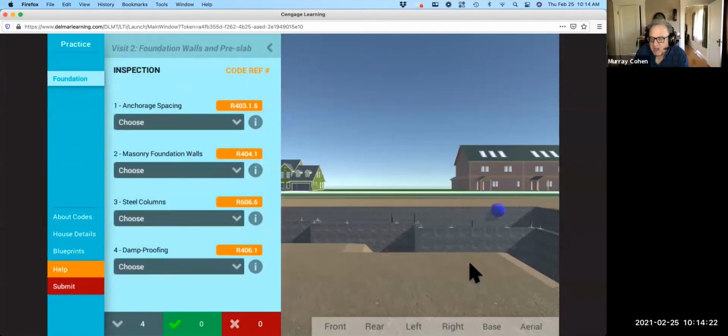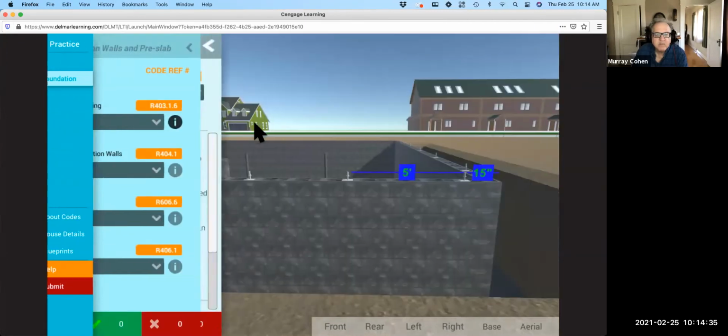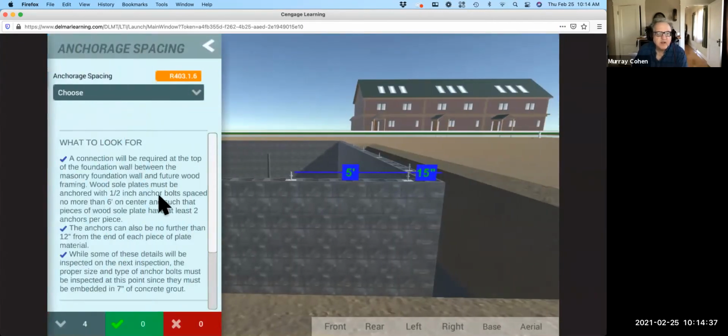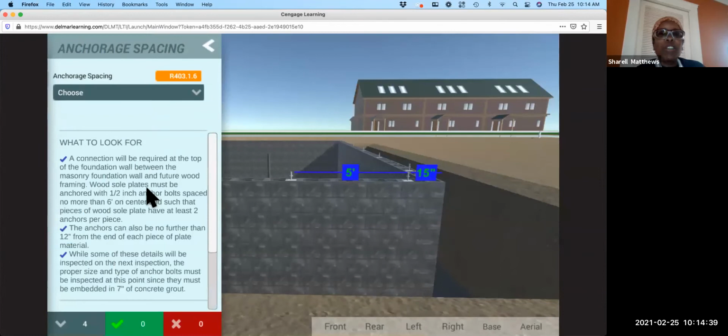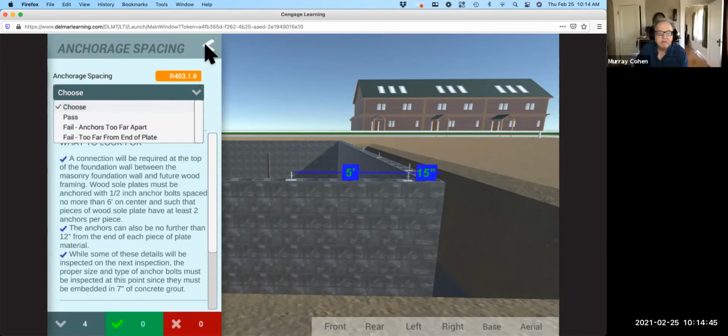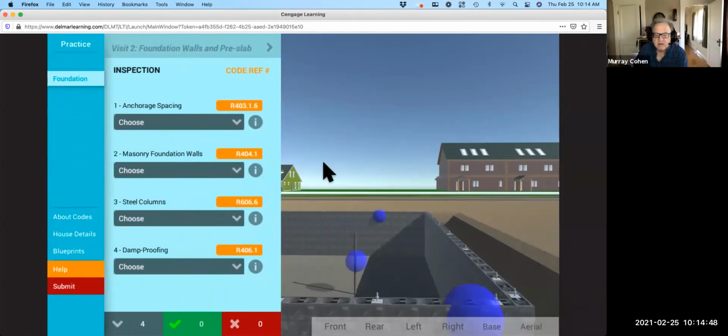So how do we tell what 6 feet apart is on this? What to look for? It says right there 5 feet. See on the wall, that 5-foot measurement. Look on the wall. Let me go back on this and see where I'm going here.